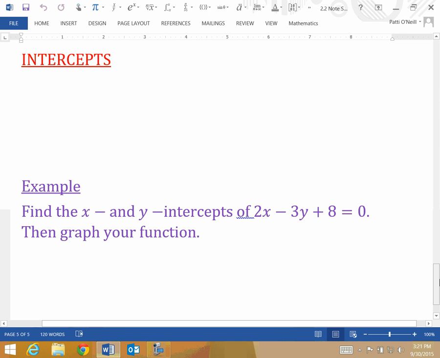Think back to your Algebra 1 class and what you might already know about intercepts, and try to formulate an idea of what we might write in our notebooks about that.